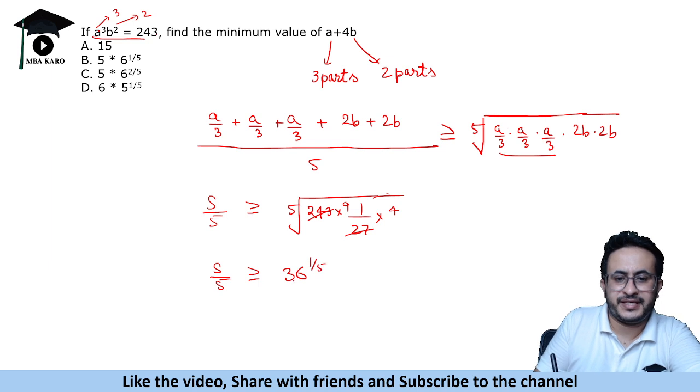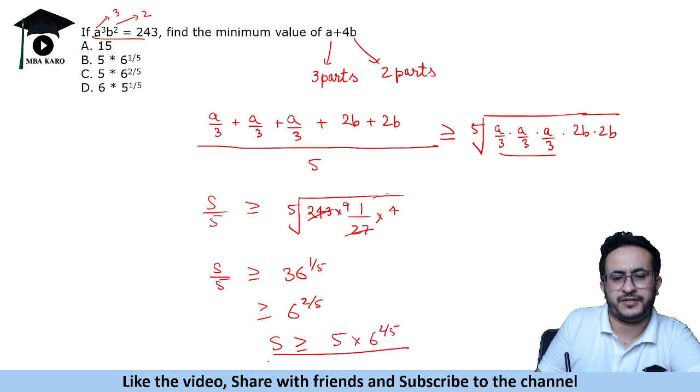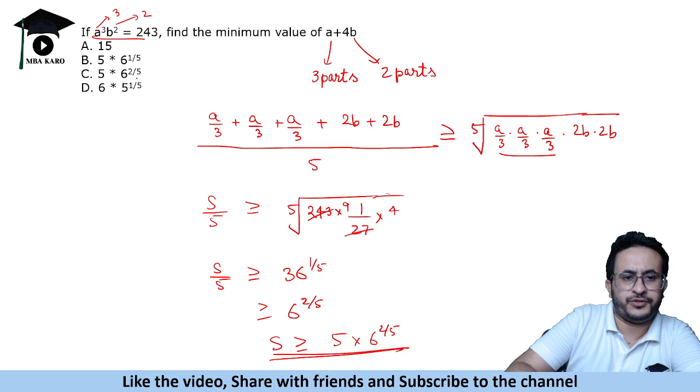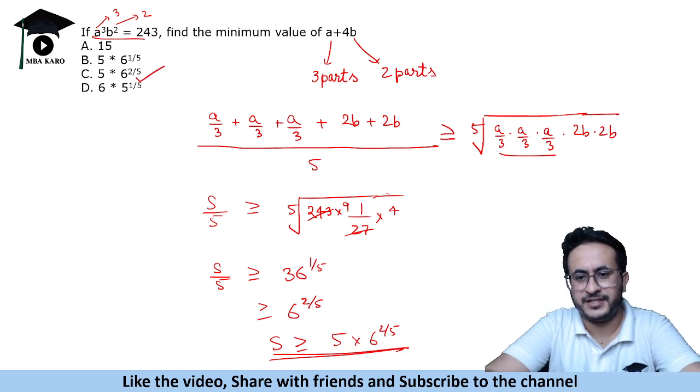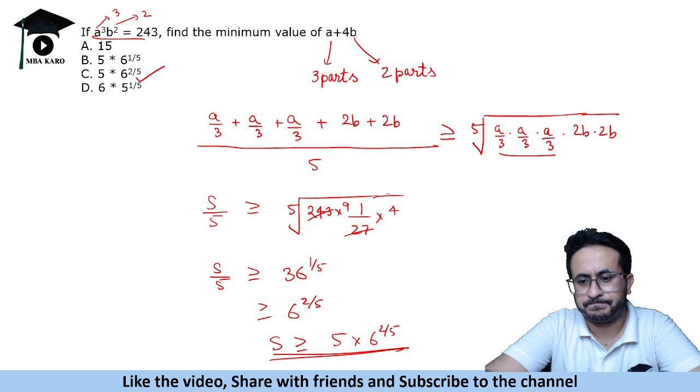Now 36 is 6 square, so it can be written as greater than or equal to 6 to the power 2 by 5. So the minimum value of s is 5 into 6 to the power 2 by 5. That is our answer. So 5 into 6 to the power 2 by 5 is the answer to this question.